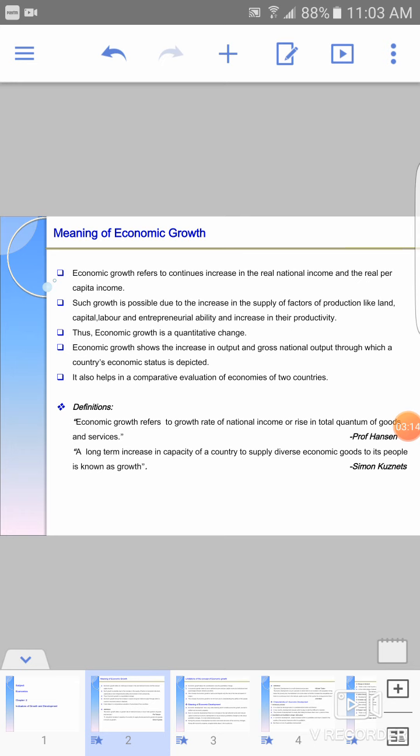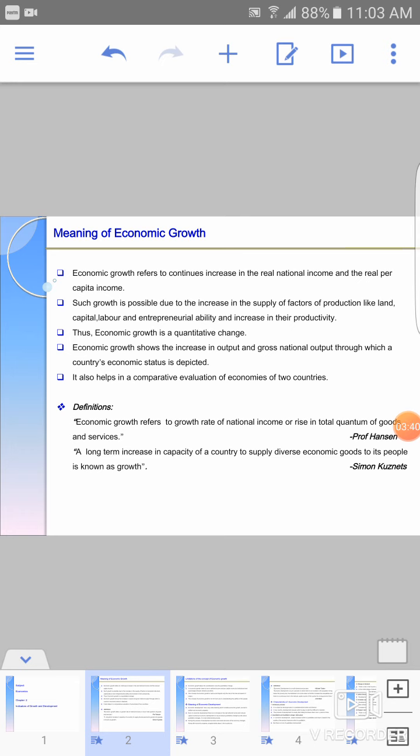Okay, so now we'll understand the definitions. Economic growth refers to growth rate of national income or rise in total quantum of goods and services. As I have explained to you before that it is increase in the national income and the quantum of goods and services. That is given by Professor Hansen.